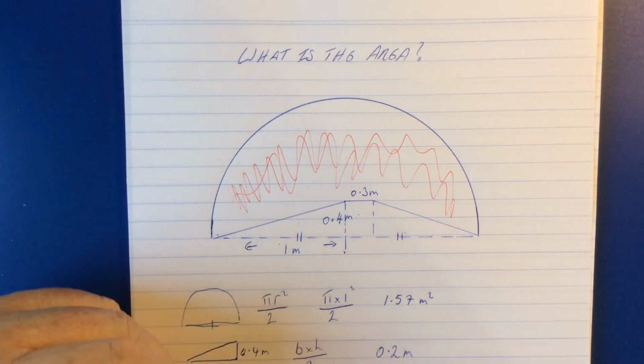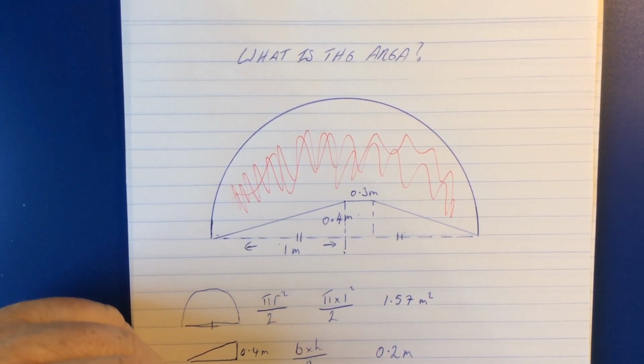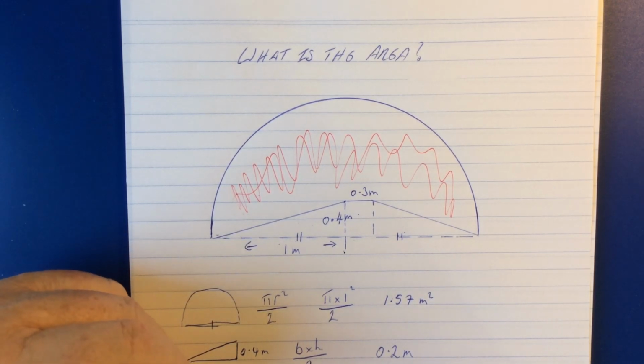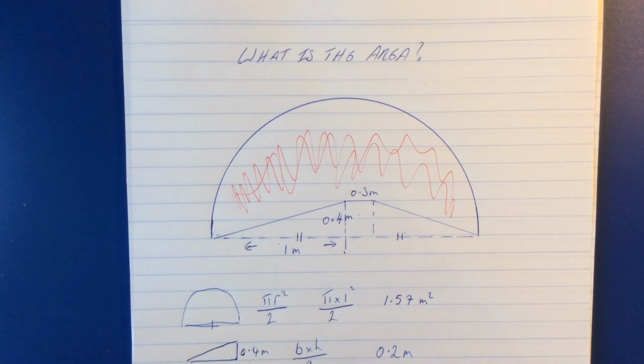So let's move on to the next one. I'm just going from left to right here. We've got a rectangle that is 0.4 by 0.3. That is simply the height times the width, length times width, however you want to put it.